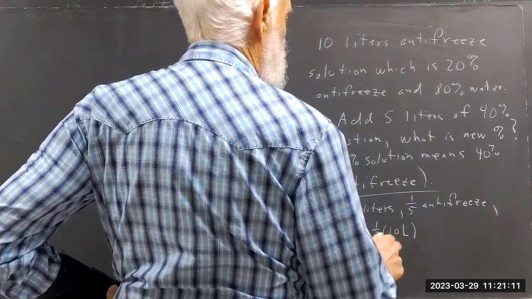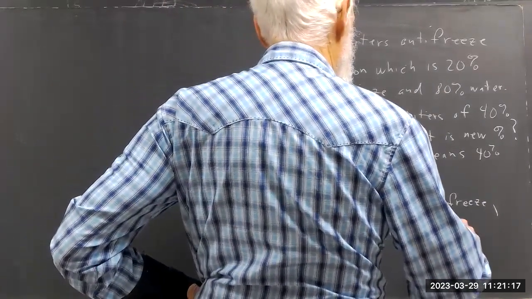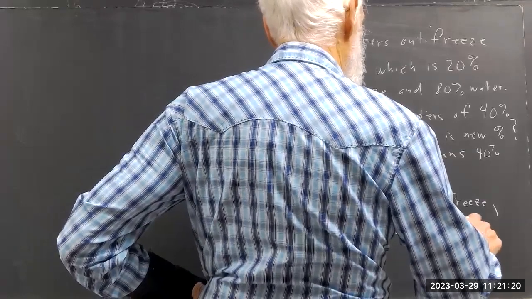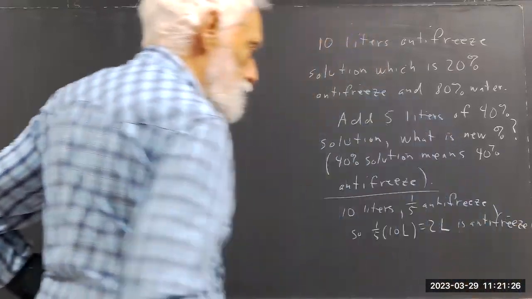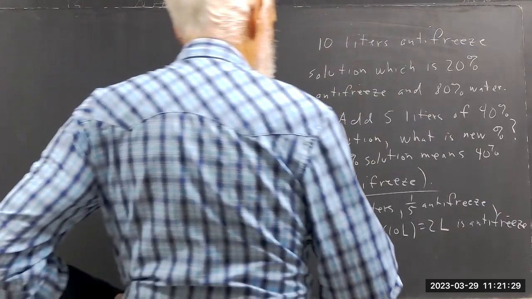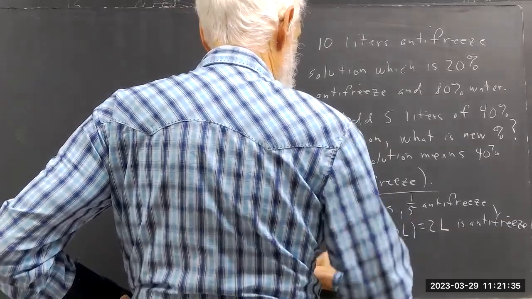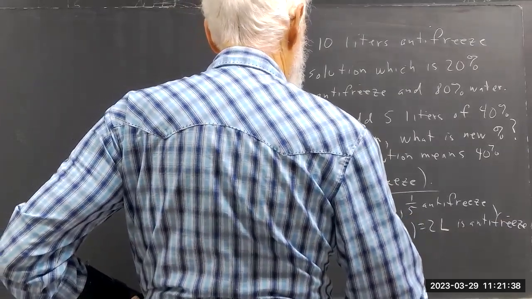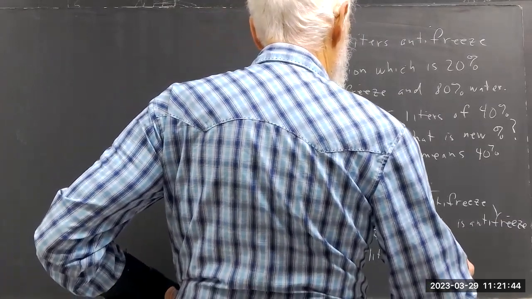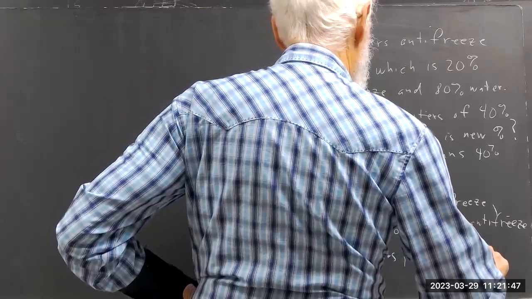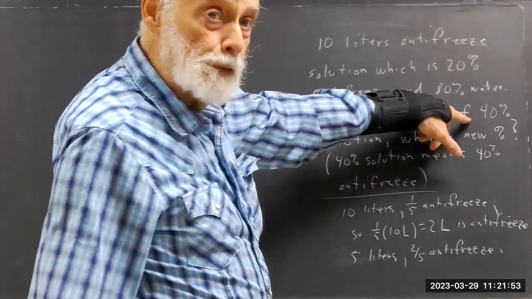So 1/5 of 10 liters, I'll abbreviate liters with a capital L, is 2 liters of antifreeze. And then, well, obviously, not so obviously, 40% is 2/5.